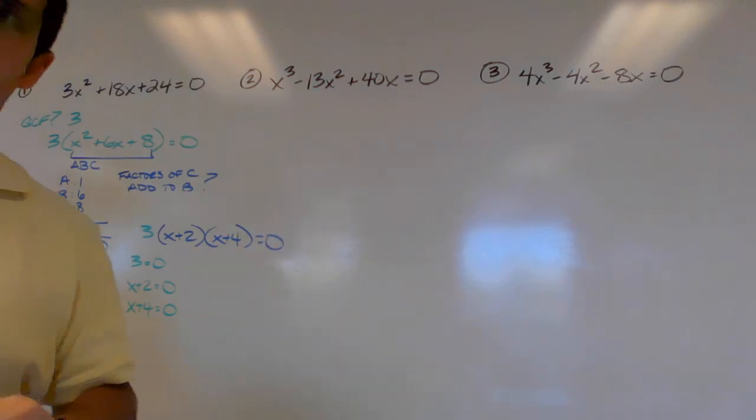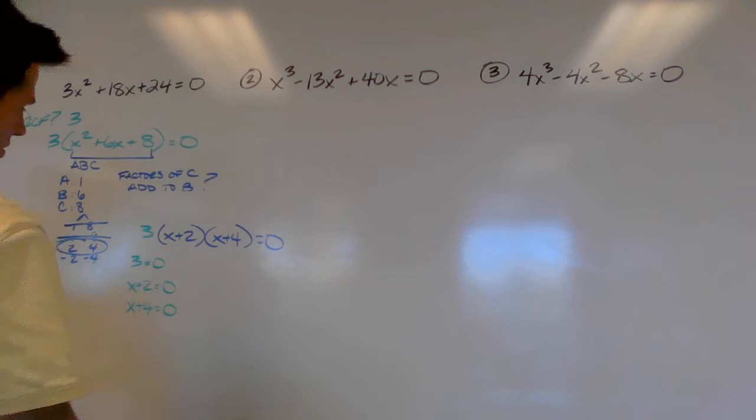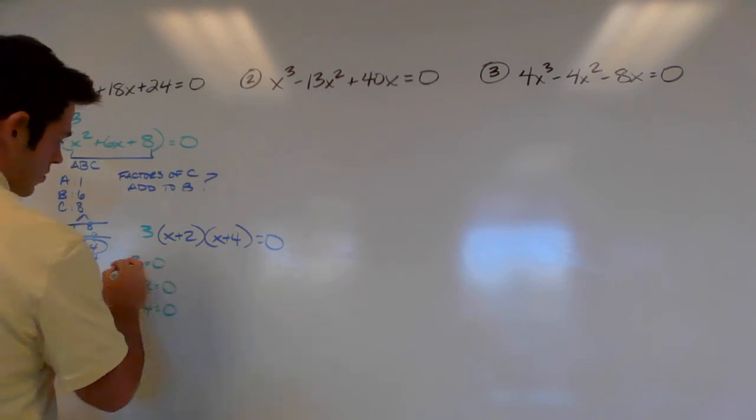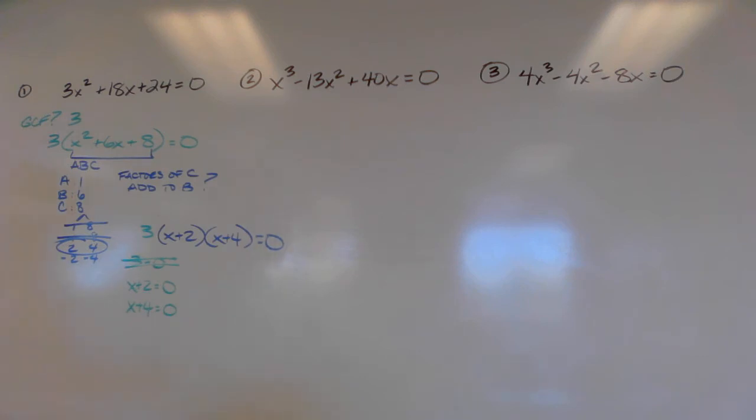Hopefully we all realize that 3 is equal to 0 is not true. There's no variable there, so we're just going to get rid of that. There's no variable to plug in there. It's just 3 is equal to 0. That's a false statement, so we're not worried about that.